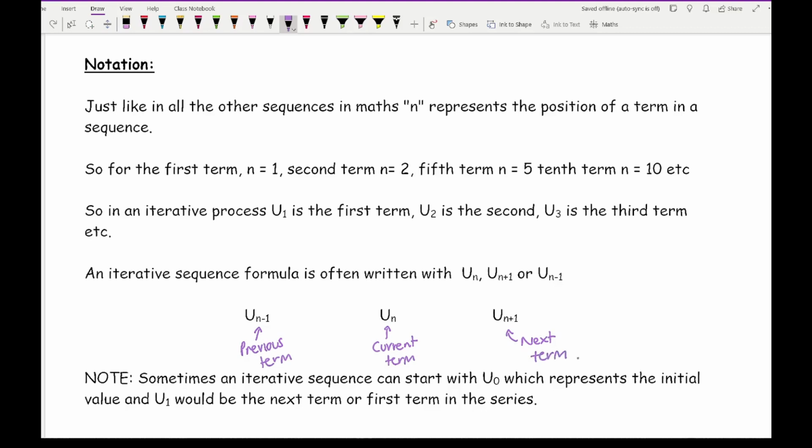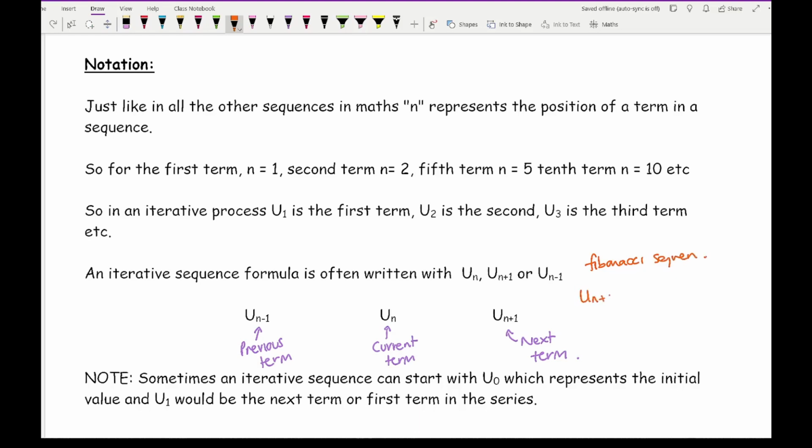Again, if you try to write down, let's say, the Fibonacci sequence in the form of a formula, because it's a general verbal rule, it's really difficult to note down using algebra. So instead, what would make it helpful is using this. If we were to write down the Fibonacci sequence, it would look something like that.